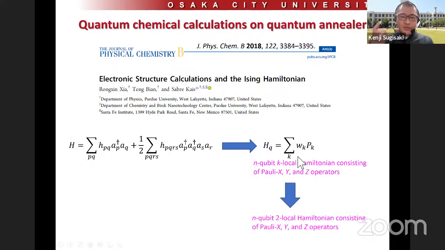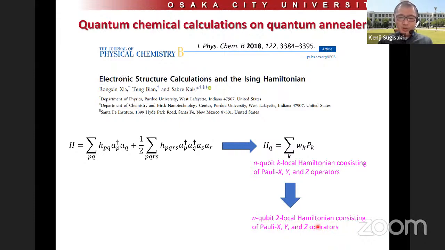First, we have to transform this n-qubit k-local Hamiltonian to an n-qubit 2-local Hamiltonian of Pauli X, Y, and Z operators.